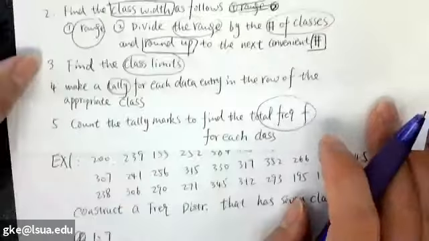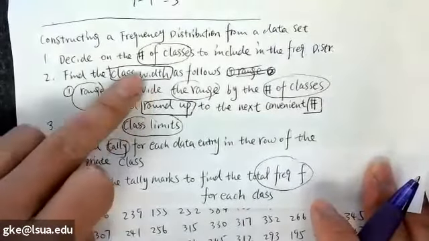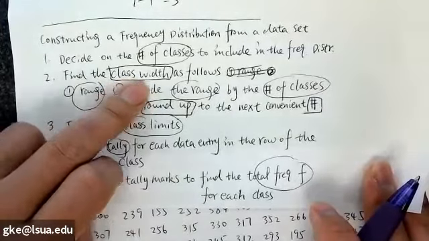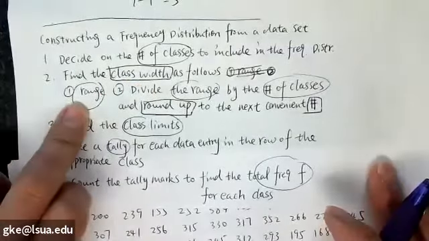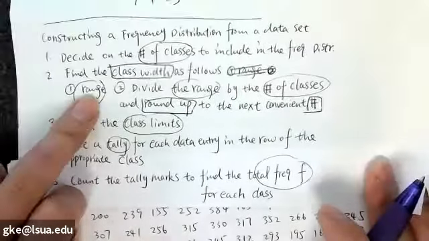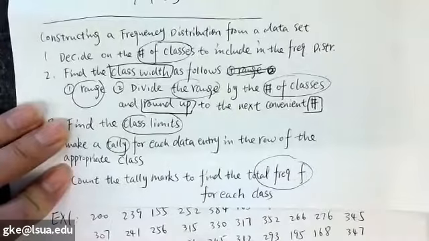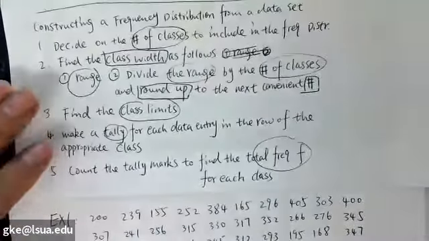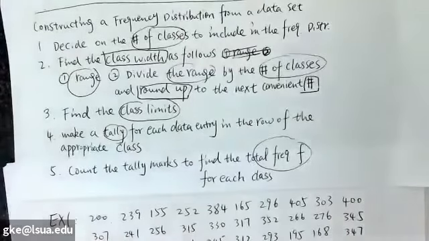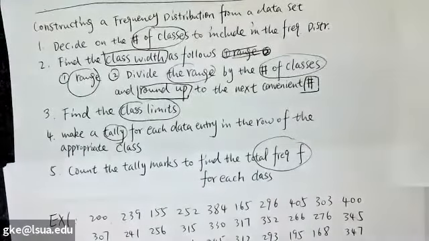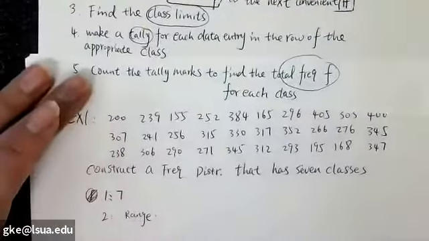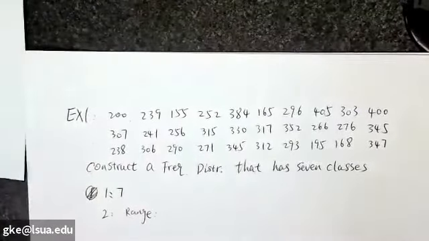For the second step, we need to find the class width. In order to find the class width, we need to find the range, right? So what is the range for this data? What is the maximum number? 405, right?